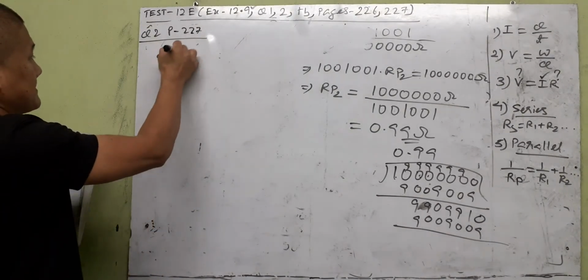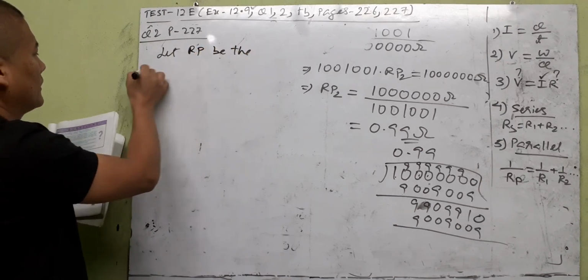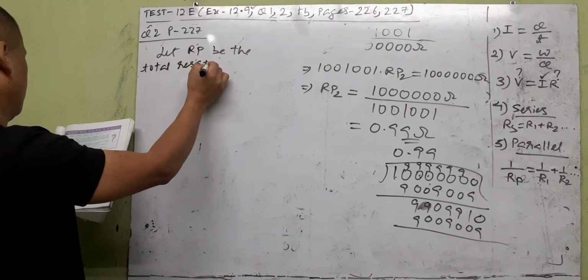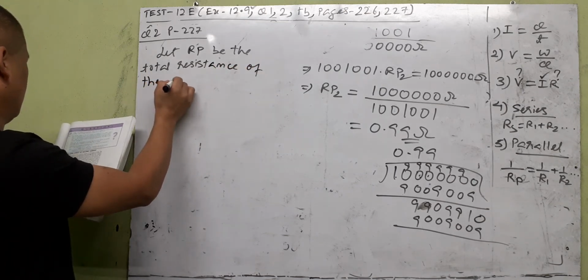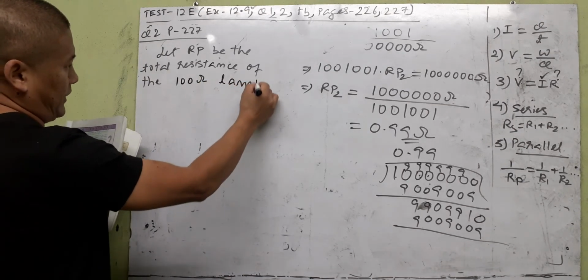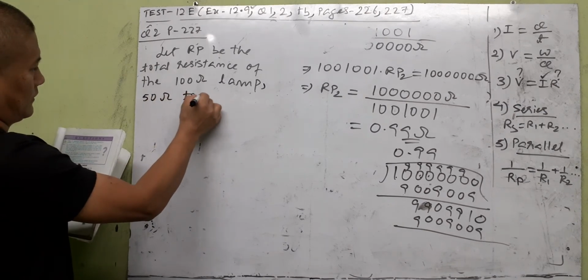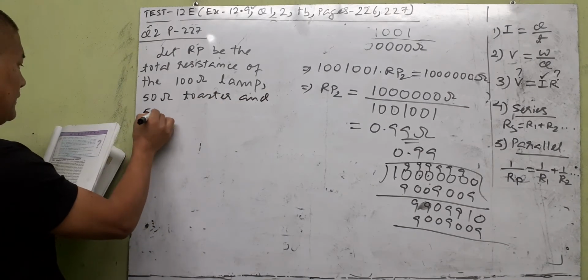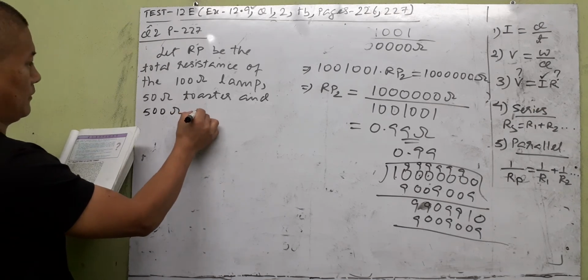Let RP be the total resistance of the 100 ohm lamp. I'm writing in short again, lamp, comma, 50 ohm toaster, and one more is there, 500 ohm water filter.